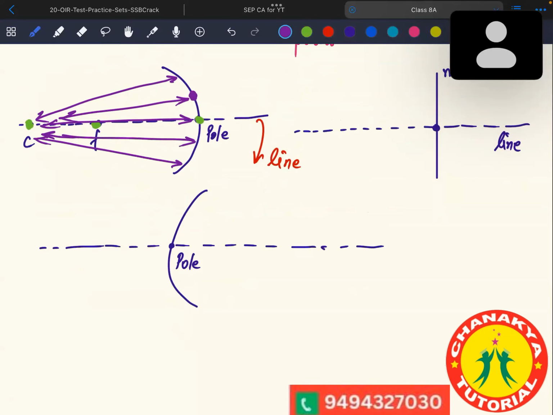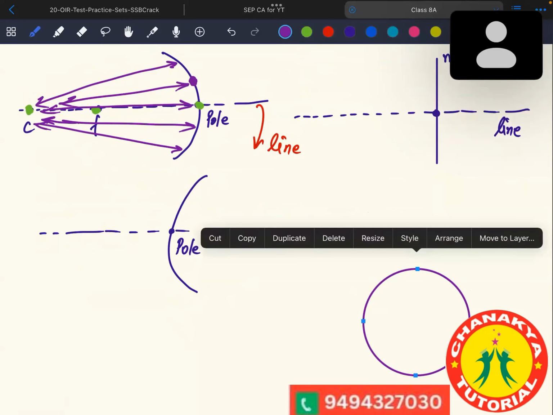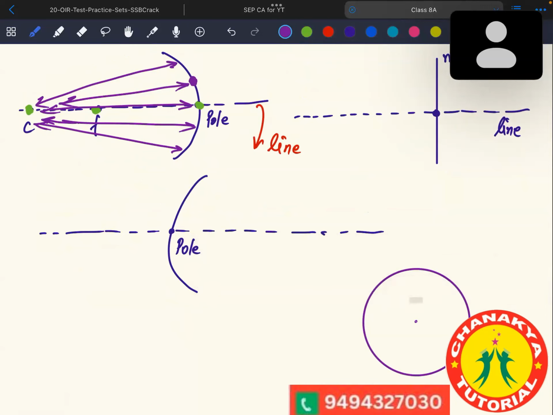Like there is a circle, and in a circle we have a center. This is the center. So how do we make this mirror? We take some part of this. If this is a whole mirror, we take this part and we coat it.